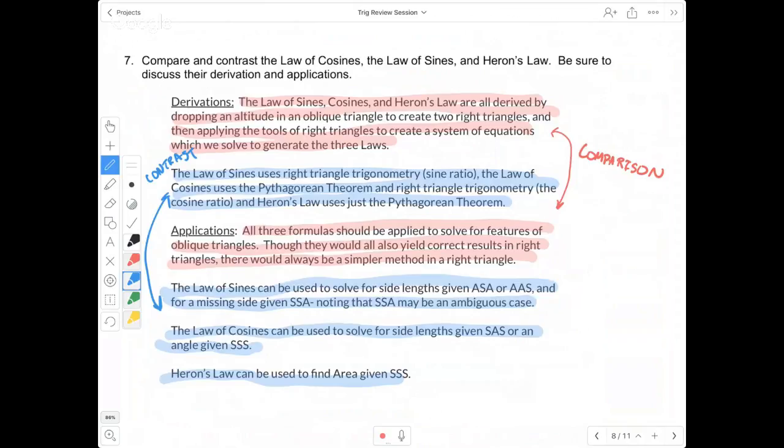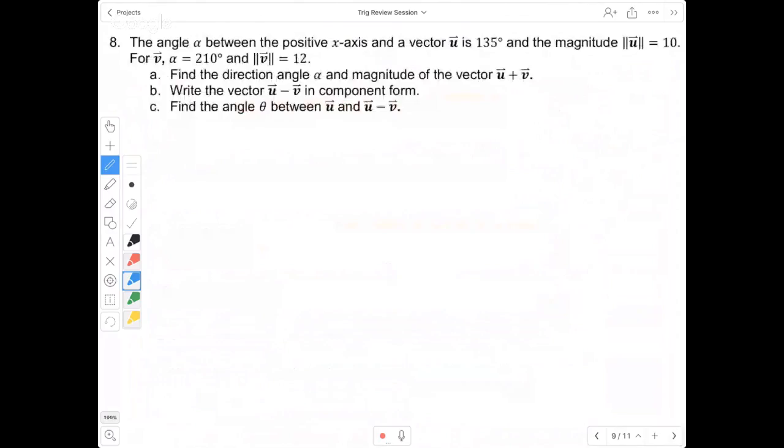And Vu asks, can you review an ambiguous case and what we would be looking for in that case? I can do a problem involving the ambiguous case, certainly. Vu, should I do that first, or should I go over the vector stuff?